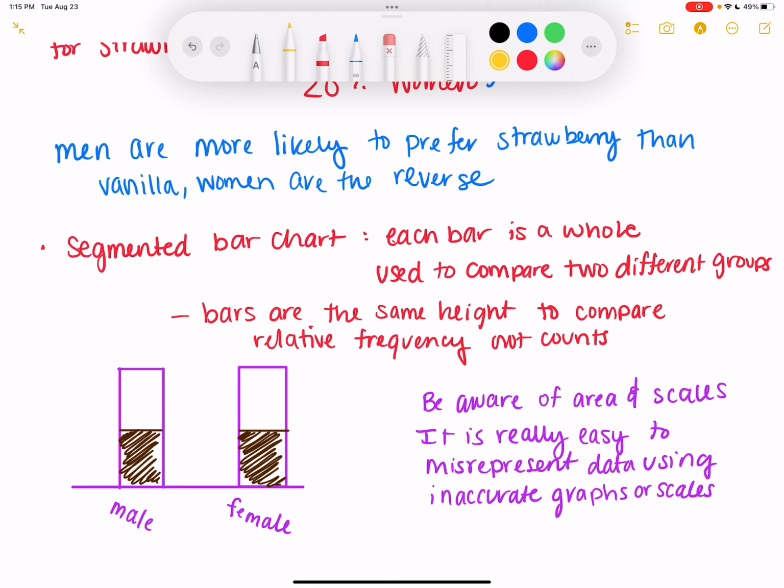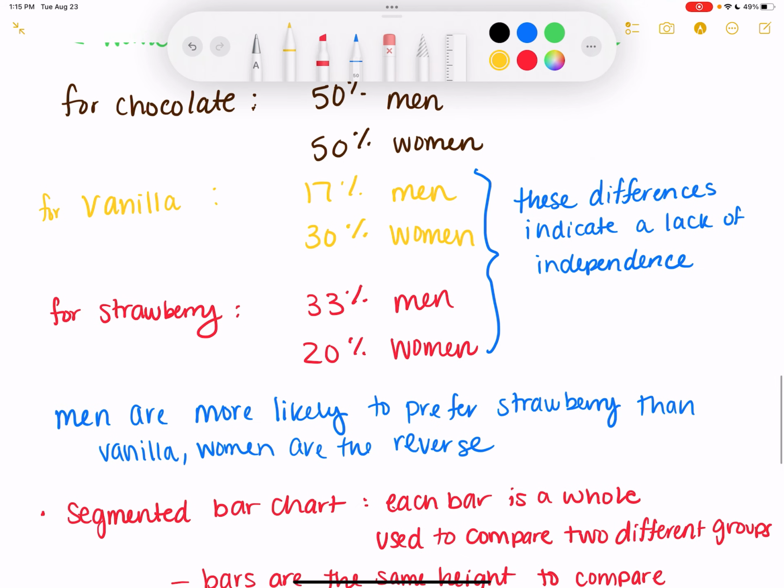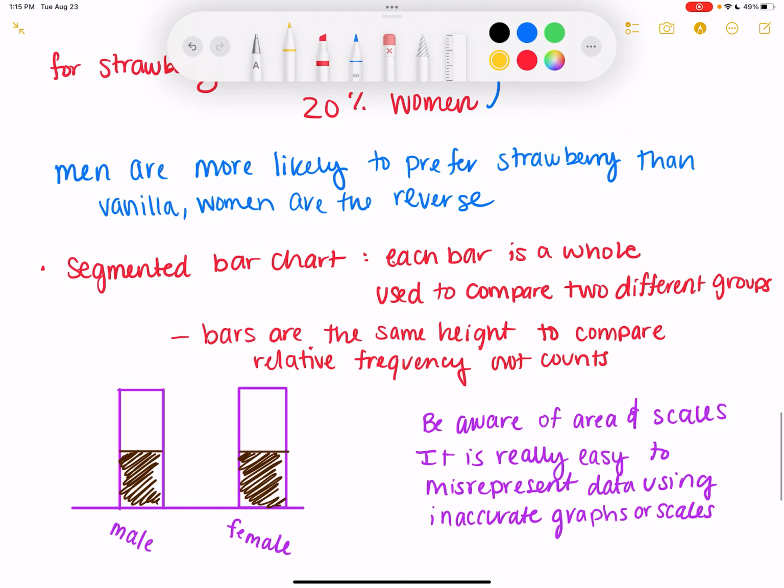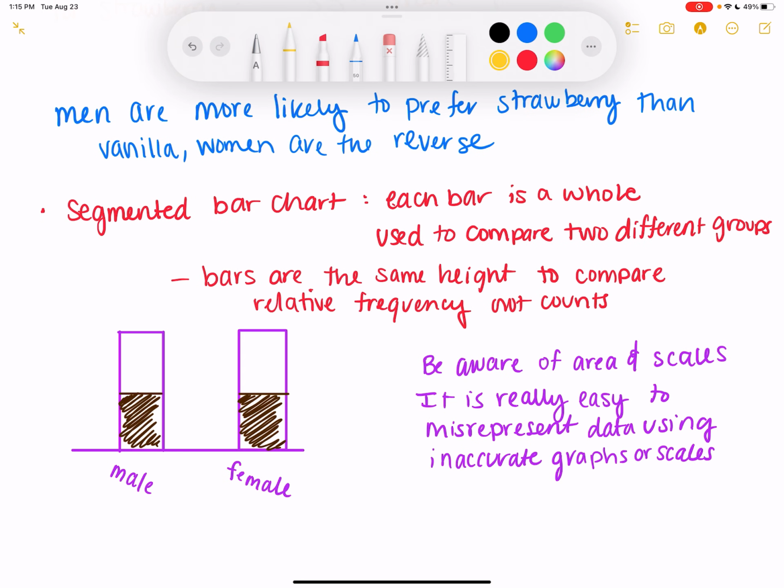I have to pop back up here and look at it: vanilla was 17% for men, 30% for women. And then strawberry is going to be the rest in both of them.